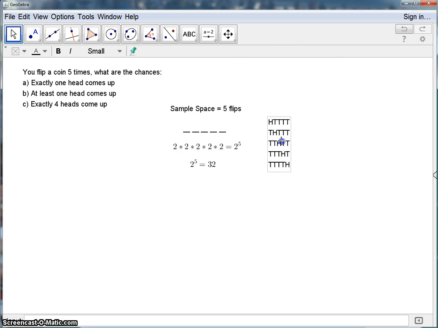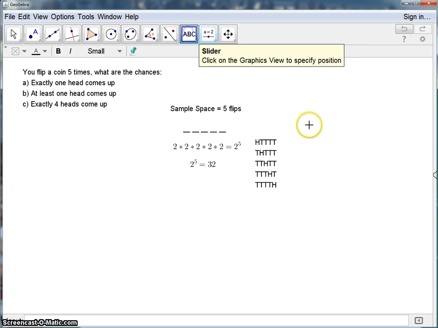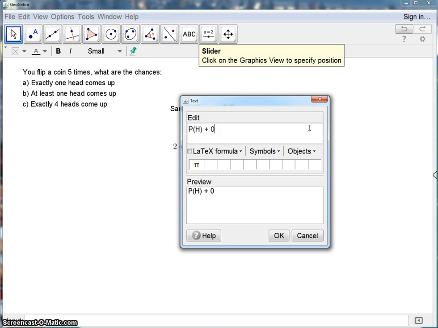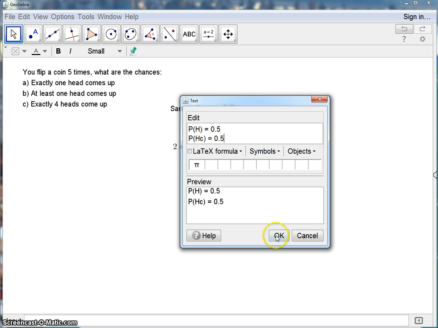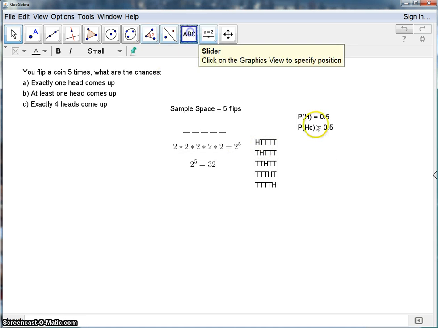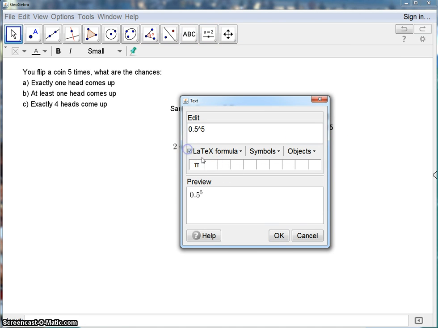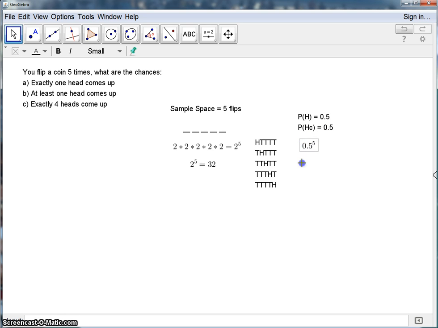So the chances that one head comes up. For flipping a coin, this is nice and easy, because we know that the probability of heads is 0.5 and the probability of tails, which we could also call heads complement, is also 0.5. That means all of these equations are essentially the same. They're all going to be 0.5 to the power of 5, because the probability of something happening and something else happening is multiplication.